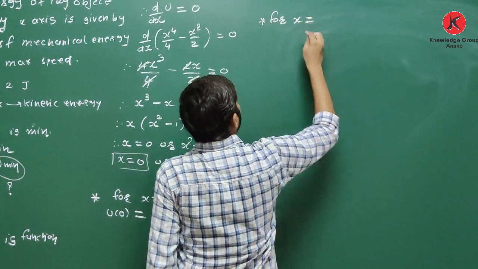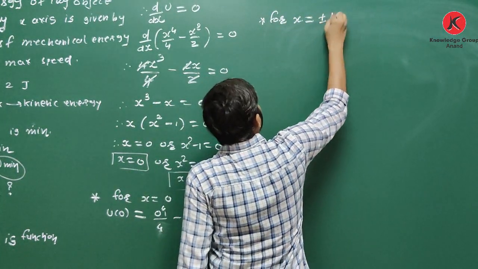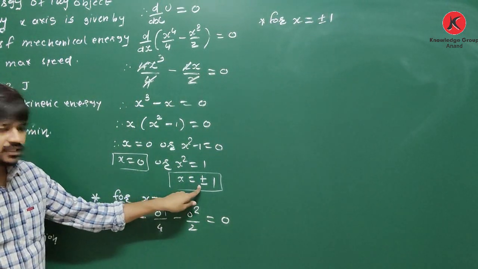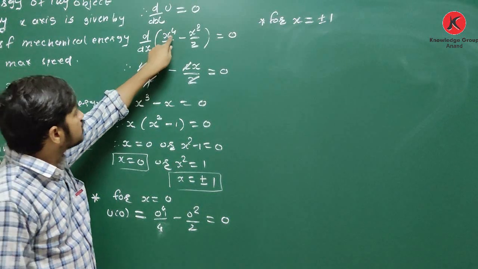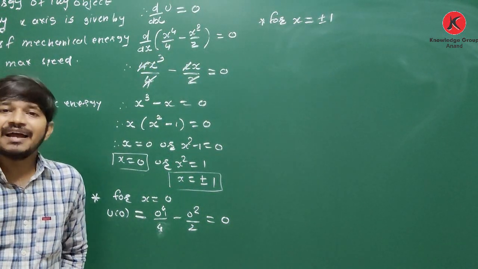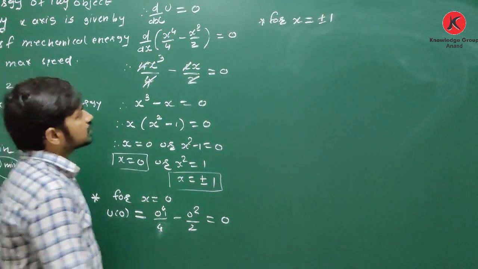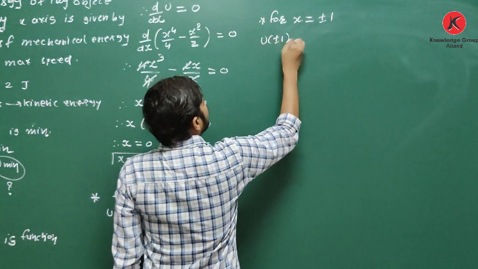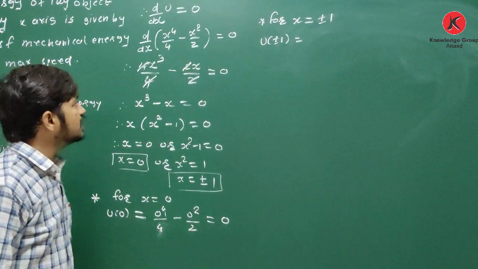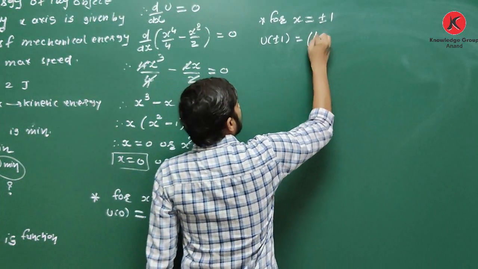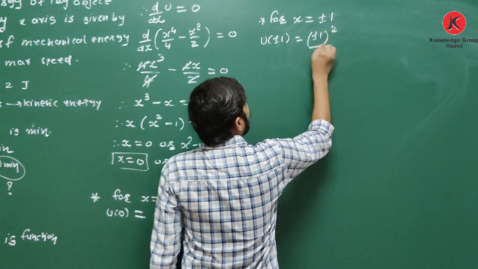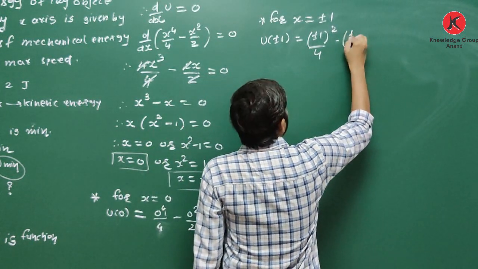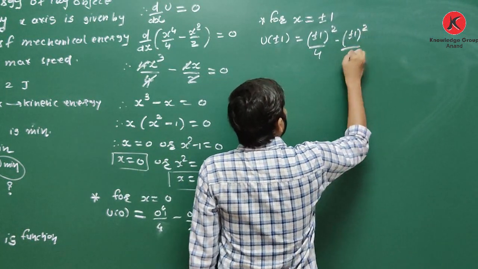Now for x is equal to plus or minus 1, because both terms have even power, U(plus or minus 1) is equal to (plus or minus 1) to the 4 divided by 4 minus (plus or minus 1) whole square divided by 2.